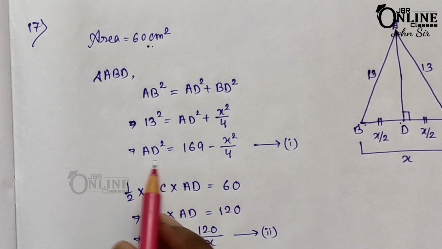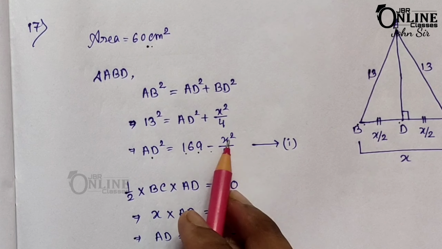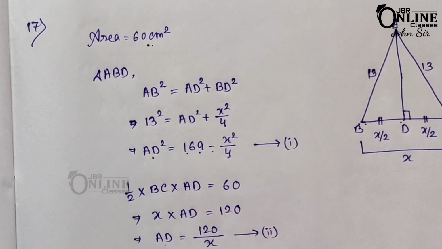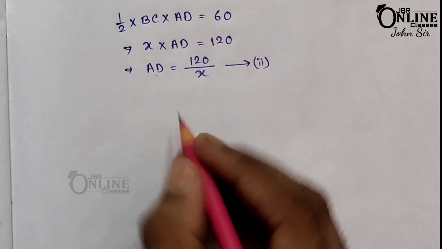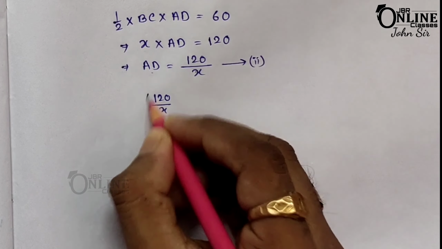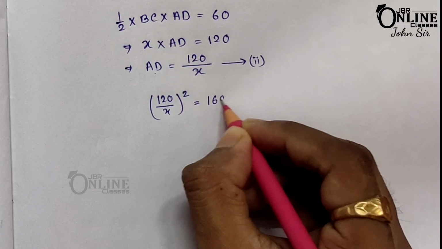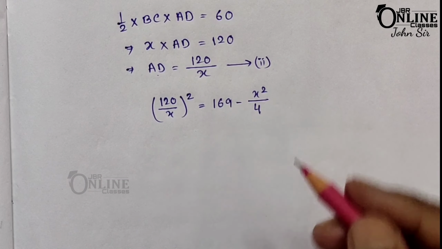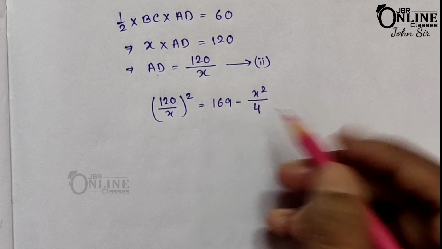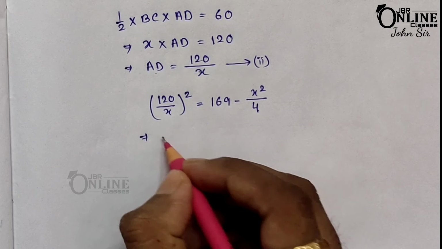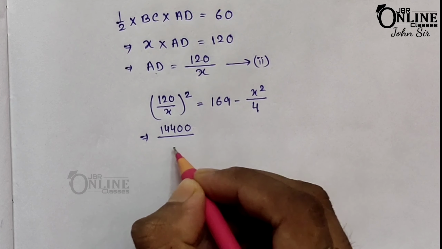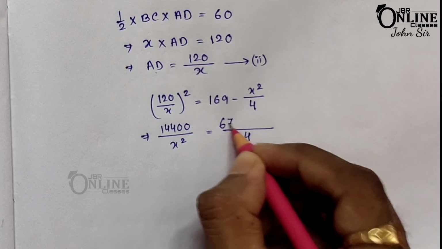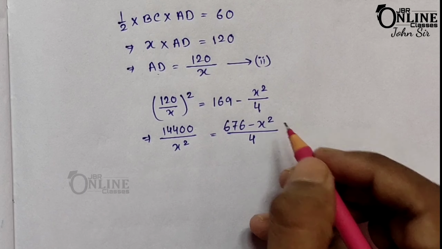Okay, so here AD square equal to 169 minus x square by 4, and here AD means this one. So if you substitute the value of AD here, it will be (120 by x) whole square equal to 169 minus x square by 4. So now it will be 14400 by x square equal to, here 4 is the LCM, (676 minus x square) by 4.